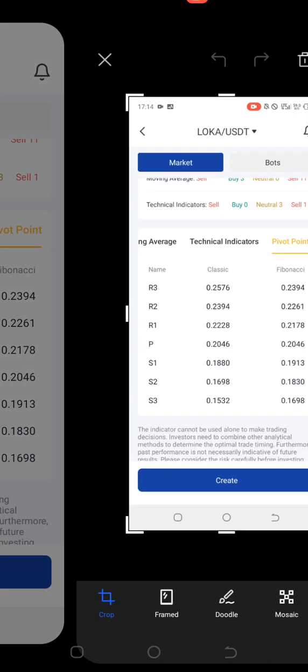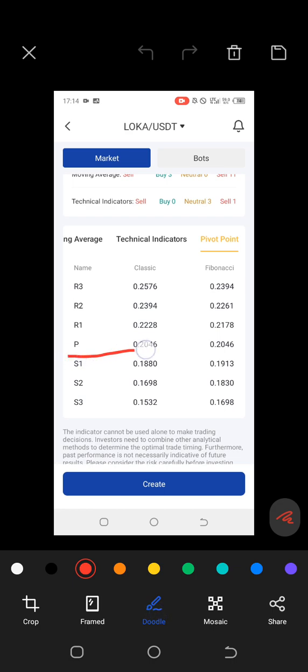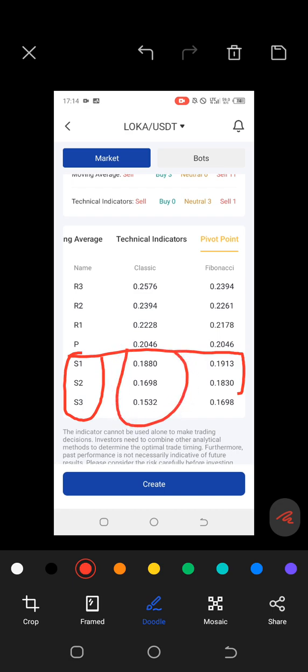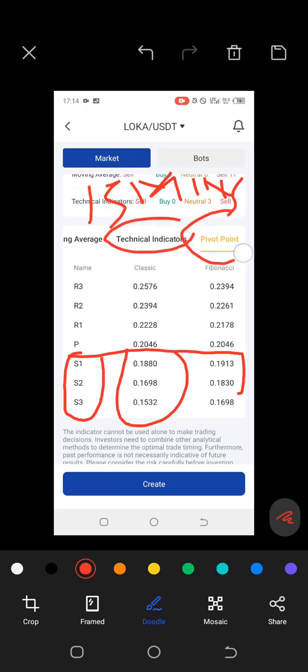For spot trading, we are just going to focus here. We're going to use the S1, the S2, and the price, and remember this is the 15-minute time frame on the technical indicator section of the pivot point.